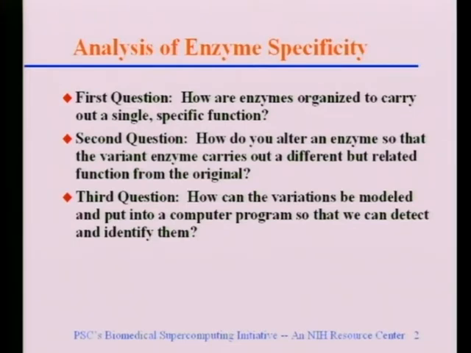And so what we need to do is think about what are the defining features of things like substrate specificity in different enzyme subfamilies, and how can we create a model of that we can put into a computer program so that we can detect and identify these defining features of the differences. And we'll give a little bit of that.